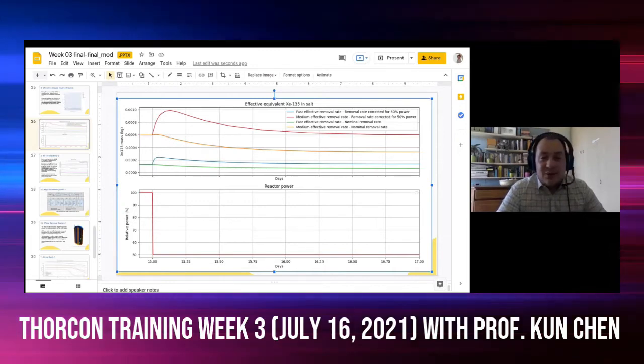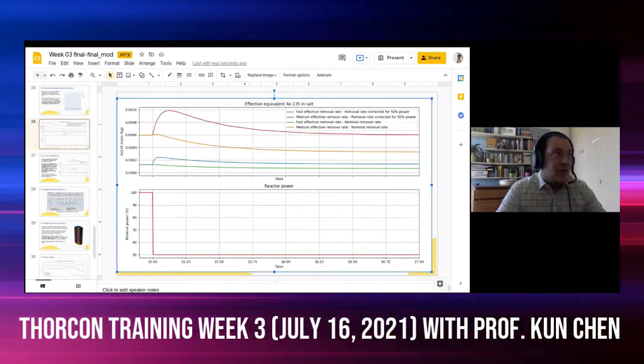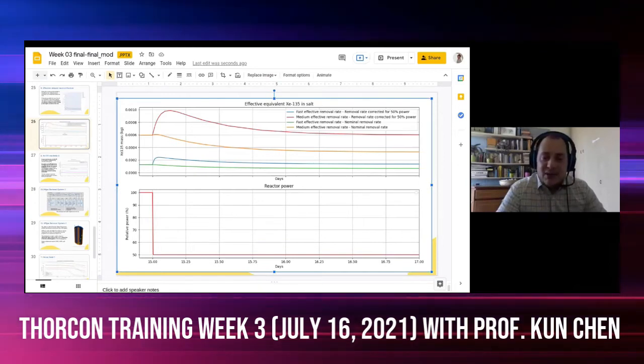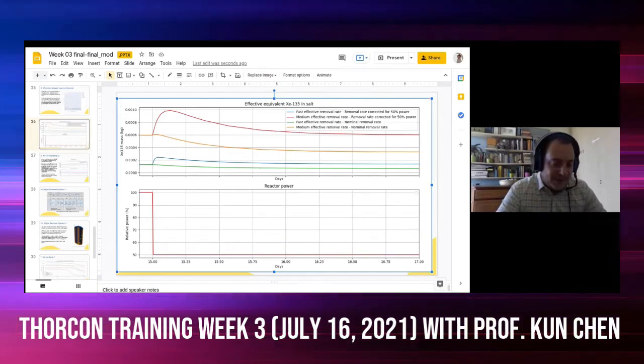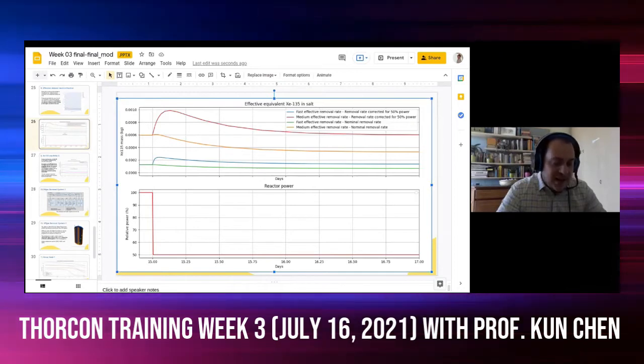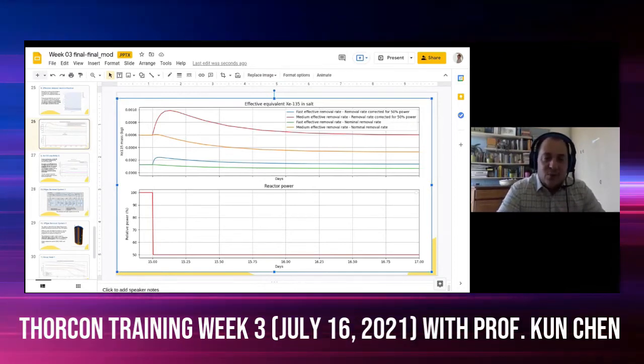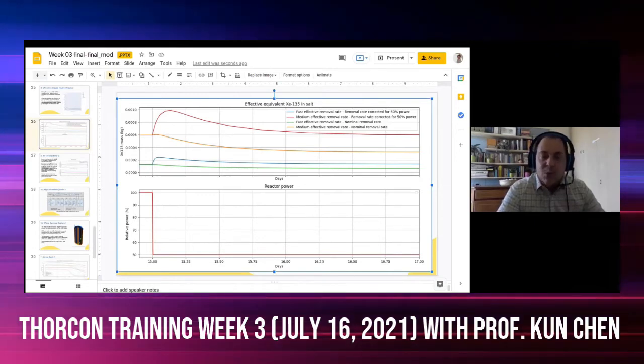In a circulating fuel reactor, and specifically in the ThorCon reactor, where the header tank plays the role of removing gaseous fission products, the calculation of the effective content of xenon-135 is more difficult.